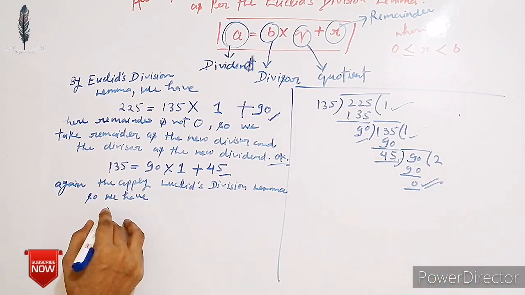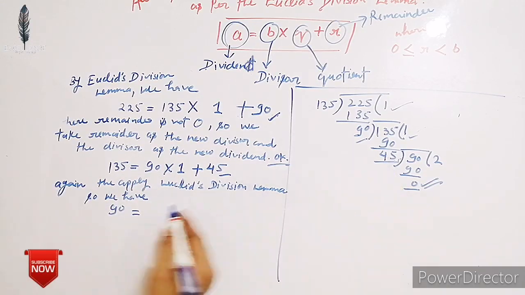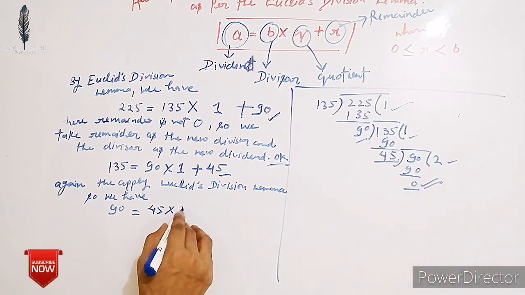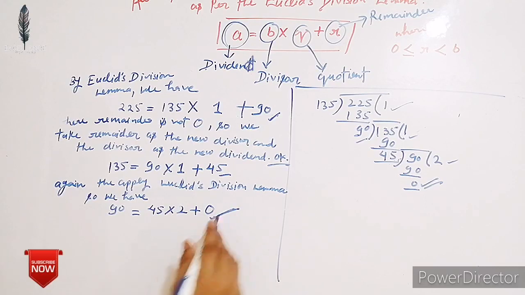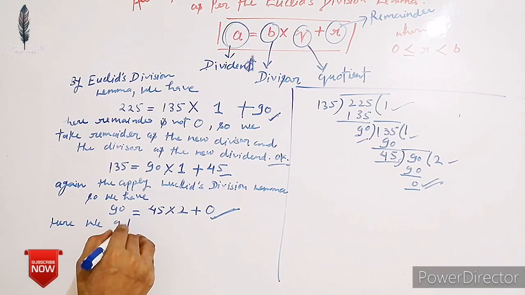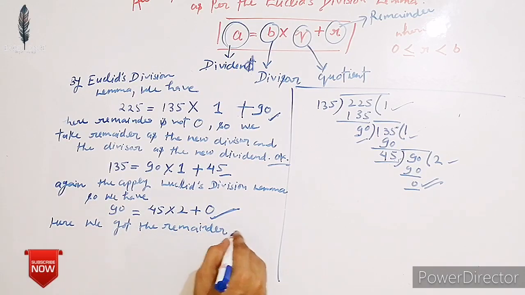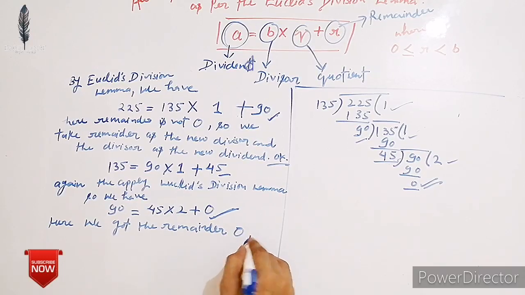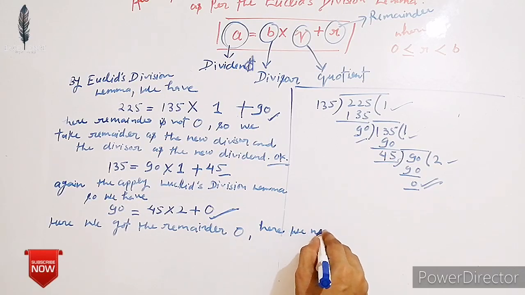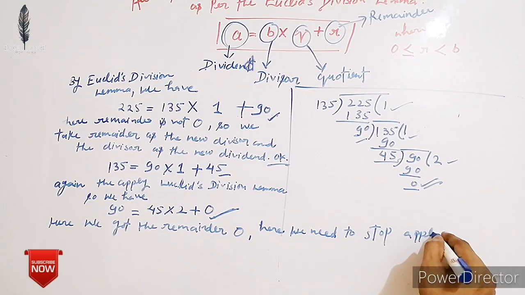So 90 is equal to divisor 45 into quotient 2 plus 0. Here we got the remainder 0, so we need to stop applying Euclid's division lemma further.